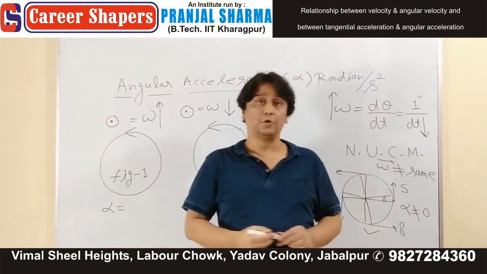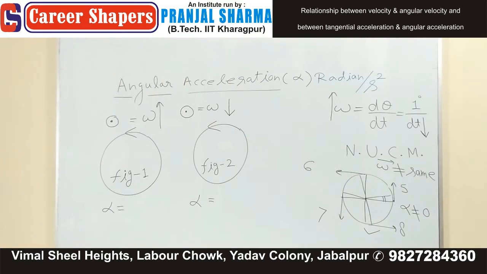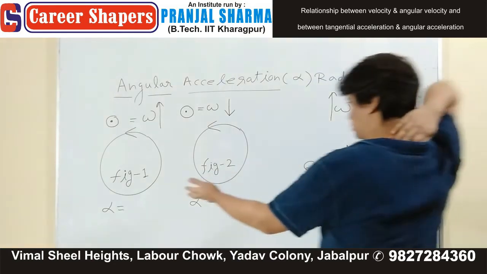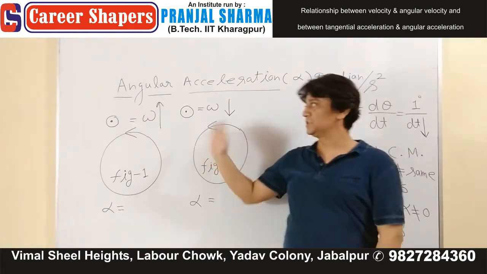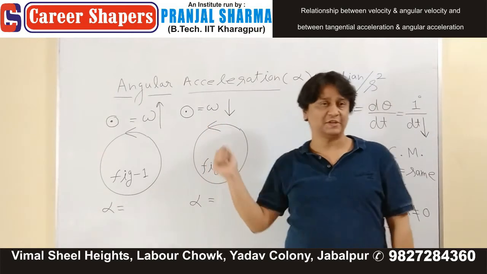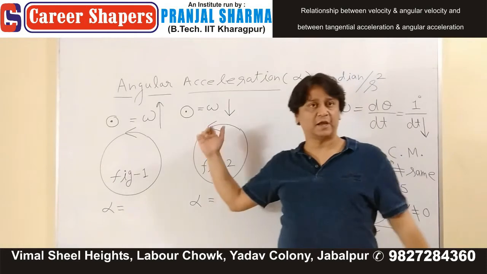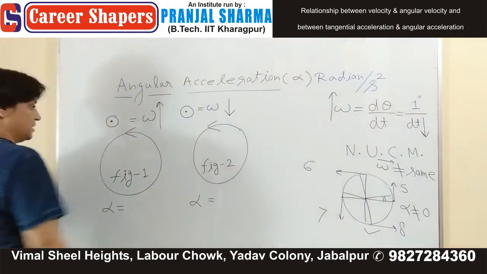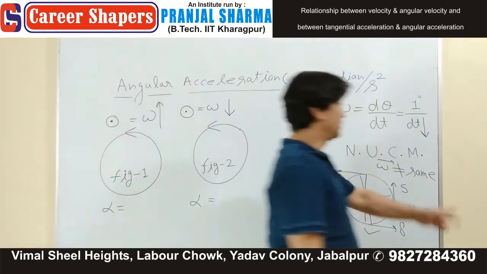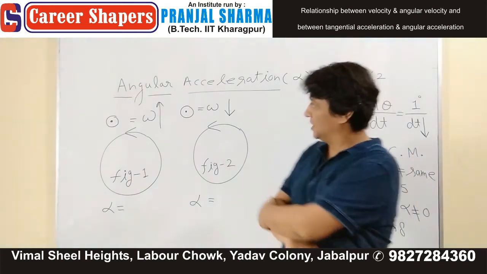I just told you that alpha, you can answer with the help of k cap, out, dot, cross. Any way you can answer. If it is in, we say cross. If it is out, we say dot. Or you can say k cap, minus k cap. Or you can simply say out or in. Or you can say left or right, up or down, whatever you wish. But let's see if you can.